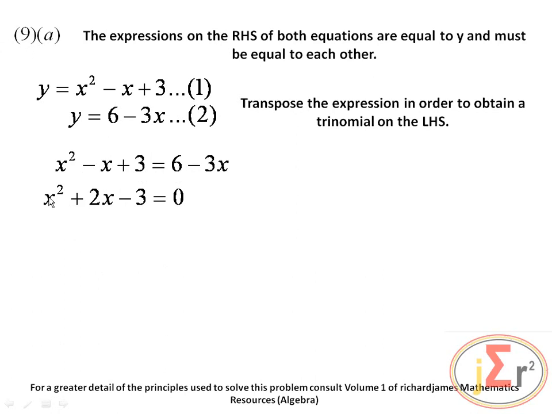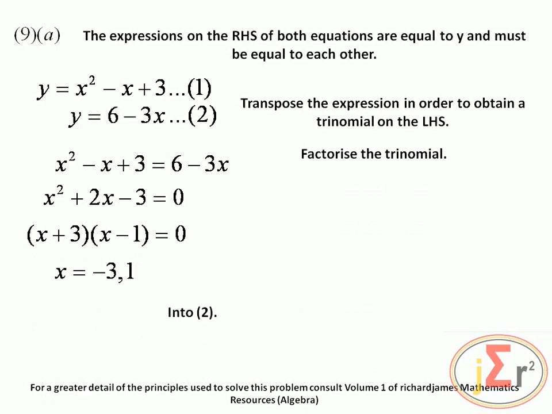What two numbers multiply to give a negative 3, and when we add them, we get a positive 2? That will be a positive 3 and a negative 1. So x plus 3, x minus 1 is equal to 0. So x is equal to negative 3 or a positive 1.